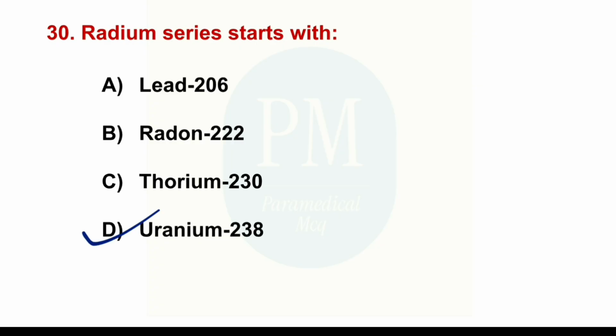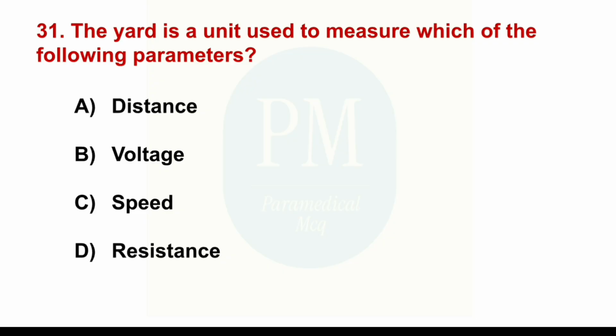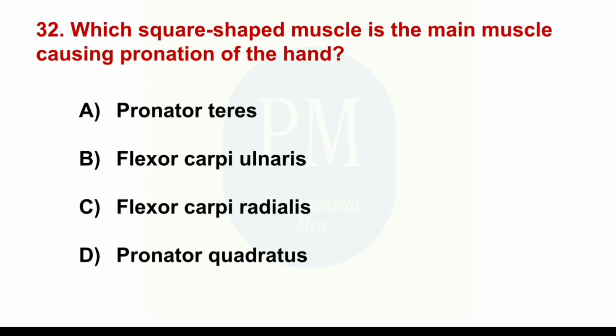The correct option is option D, uranium 238. The yard is a unit used to measure which of the following parameters? Option A, distance, option B, voltage, option C, speed, option D, resistance. The correct option is option A, distance.